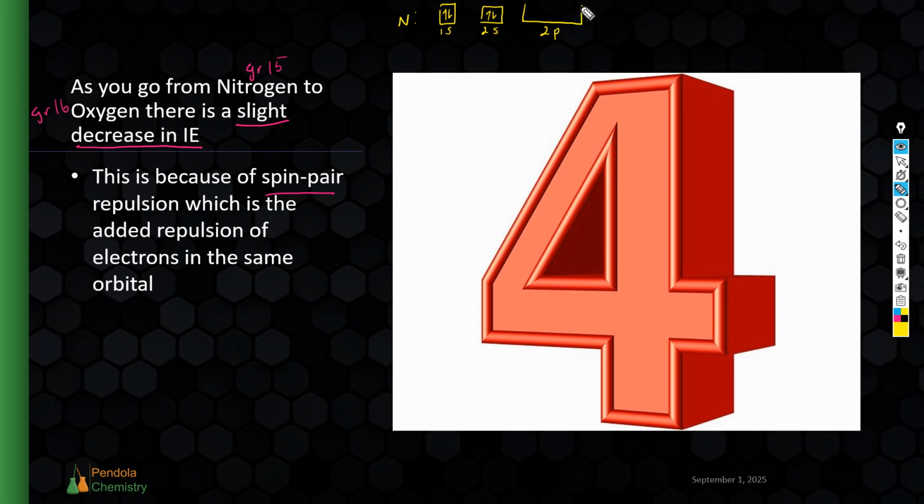And that 2p has three orbitals, each of which has 1 electron in it, so we have 3 electrons in that 2p sublevel for nitrogen. So there is no spin pair repulsion here.